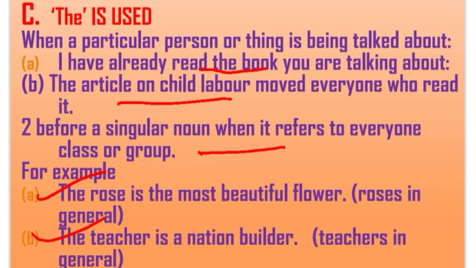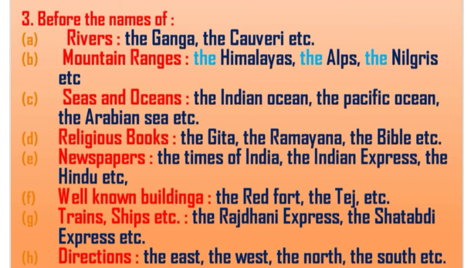Now some examples are there. Before the names of rivers, mountain ranges, seas and oceans, religious books, newspapers, well-known buildings, trains, ships, etc., and directions, 'the' is used.